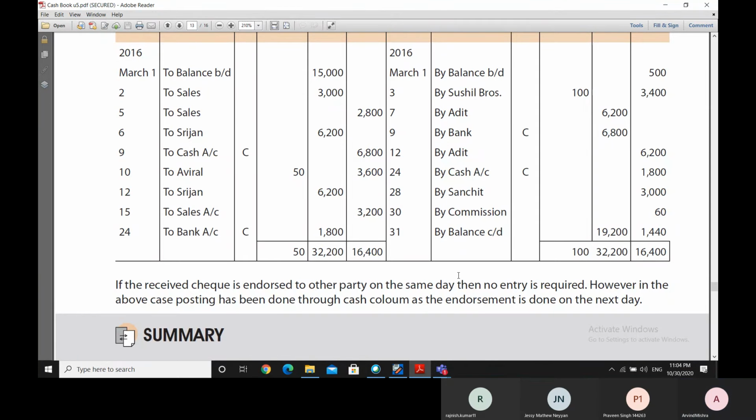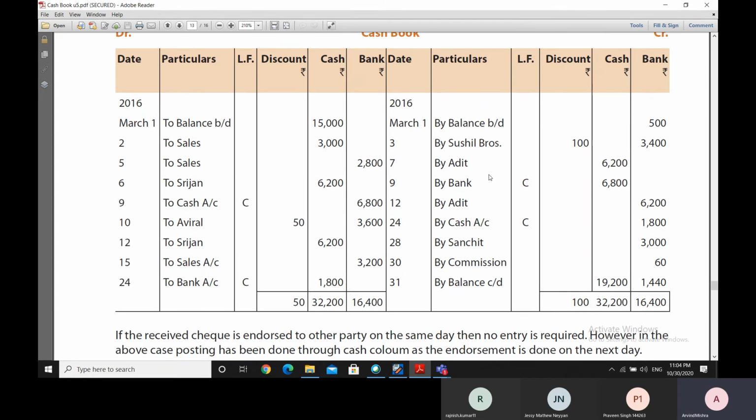However, in this above case, posting has been done through the cash column, as the endorsement is done on the next day. We have to be careful that since the endorsement is being done on the next day, you are seeing here this is 7th of March, 6,200.